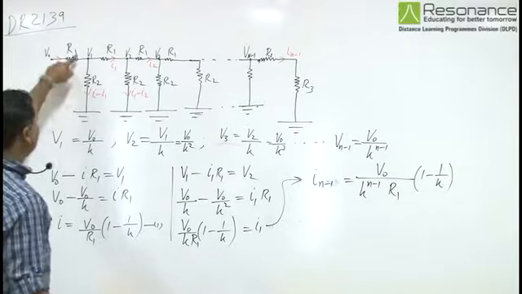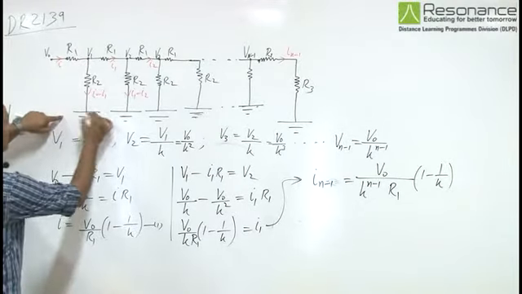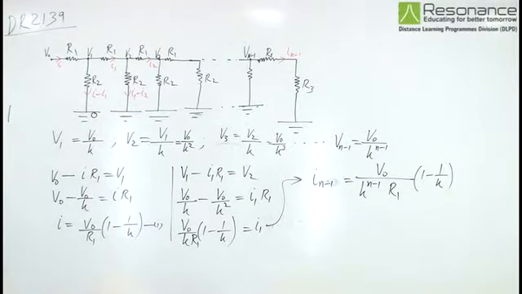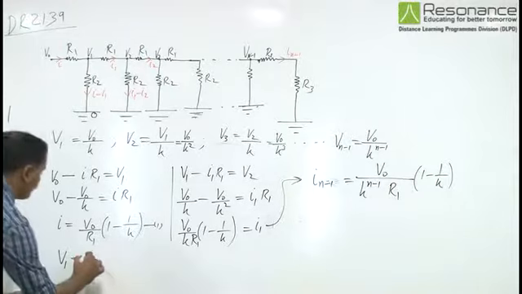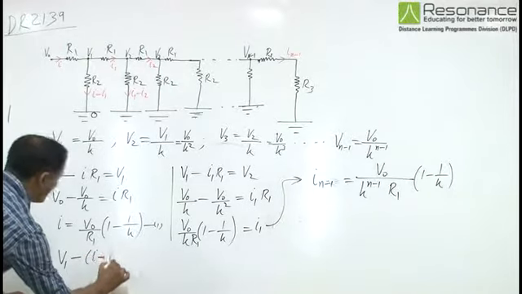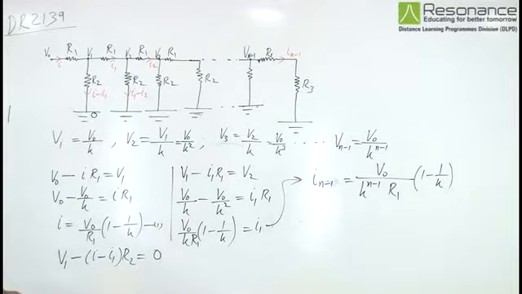Now if we take the vertical part, the current drops from V1 to 0, as it is earthed. So we can write V1 minus I minus I1 R2 is equal to 0.